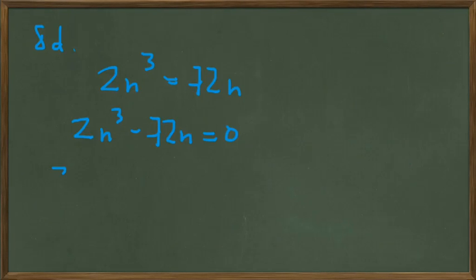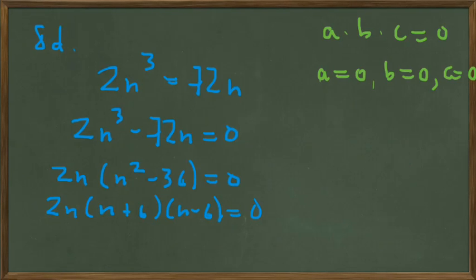We can remove 2n from both factors, leaving us n squared minus 36. And now we want to factor that further as 2n times n plus 6 times n minus 6 equals 0, which is an expression of the type a times b times c equals 0.